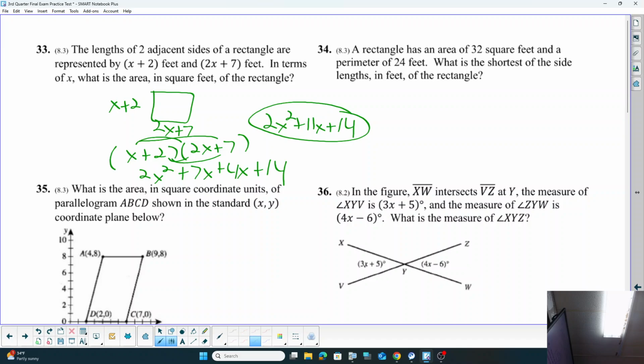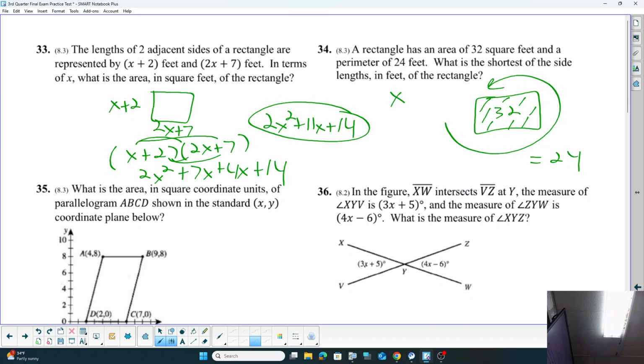We have a rectangle that has an area of 32 and a perimeter of 24. What do you think? So you could do x times y is equal to the area, and then x plus y plus x plus y is equal to the perimeter.